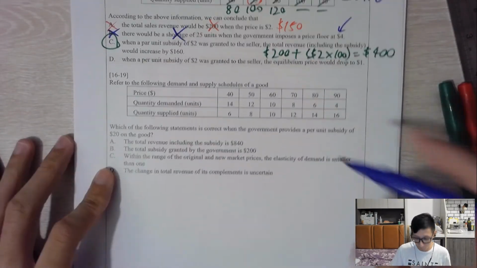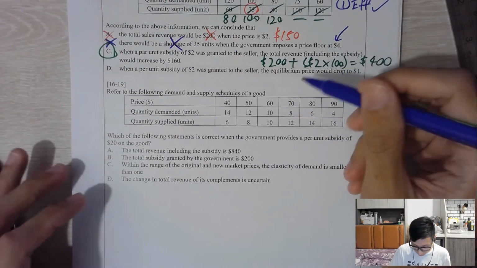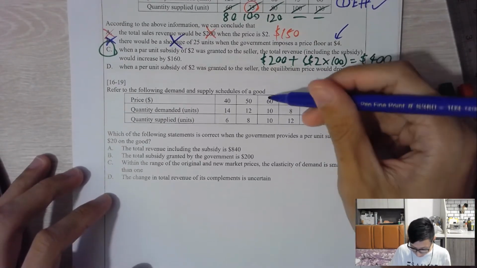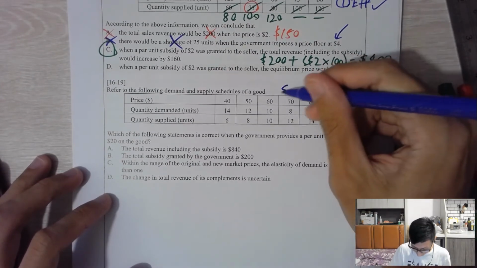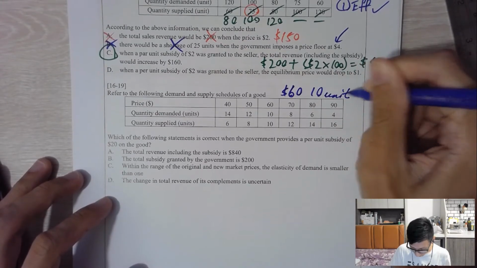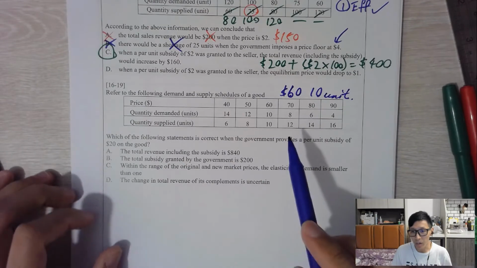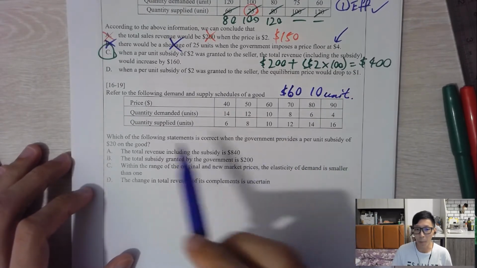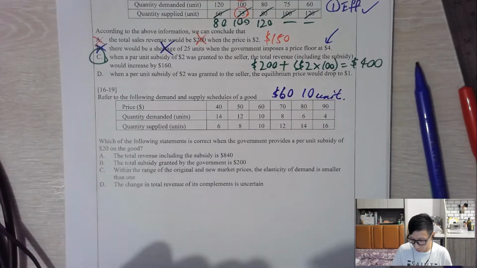So let's look at this table, right? A very normal table. Originally, here you have $60, 10 units. This is the original equilibrium. Okay, when the government provides a per unit subsidy on the goods, let's see what would happen.